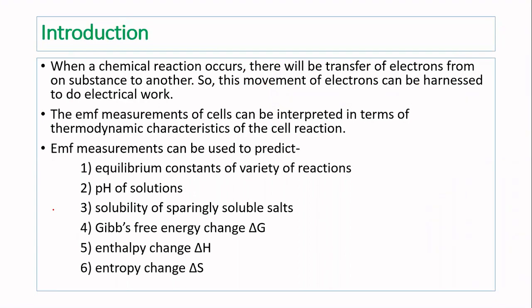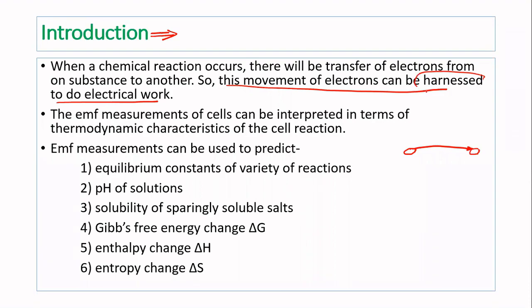So while discussing the introduction, we know that when a chemical reaction occurs, there will be the transfer of electrons from one substance to another. So this is one substance, and this is another substance. When the reaction occurs between these 2 points, the flow of electrons takes place from this point to this point. This movement of electrons can be harnessed to do electrical work.